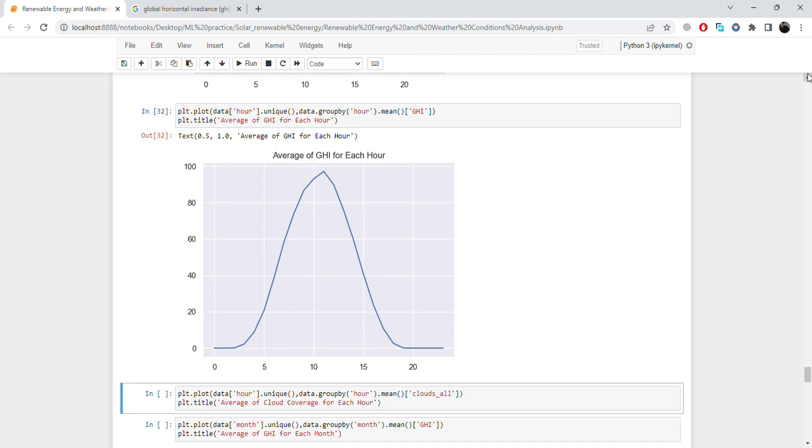How? If there is cloud, the GHI will be lower, or the sun rays will not come easily, so the intensity of the GHI will be low. If there is snow, then snow will cover your solar panels, and if the solar panel is covered, then your energy generation falls.